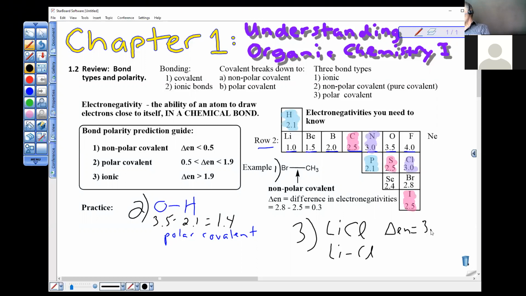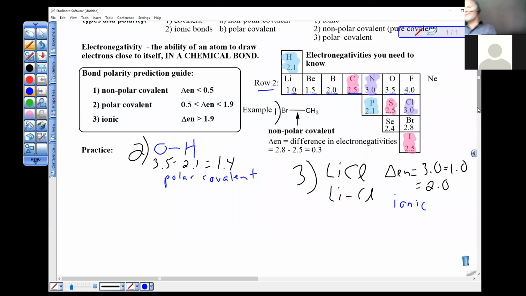I always take the bigger minus the smaller, so I don't have negative numbers. 3.0 minus 1.0, 2.0. That's definitely category 3, ionic. As soon as you make that conclusion, probably best to erase that and replace it with what it really is.